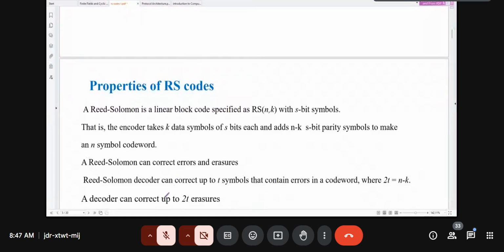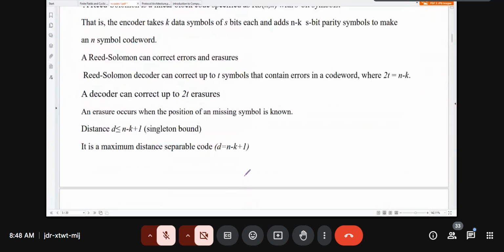So a decoder can correct up to t symbols that contain errors in the code word, where 2t is given by n minus k. That is important for Reed-Solomon codes. And a decoder can correct up to 2t erasures. Of course, an erasure occurs when the position of a missing symbol is known. That's what it means. You know where the missing symbol is.